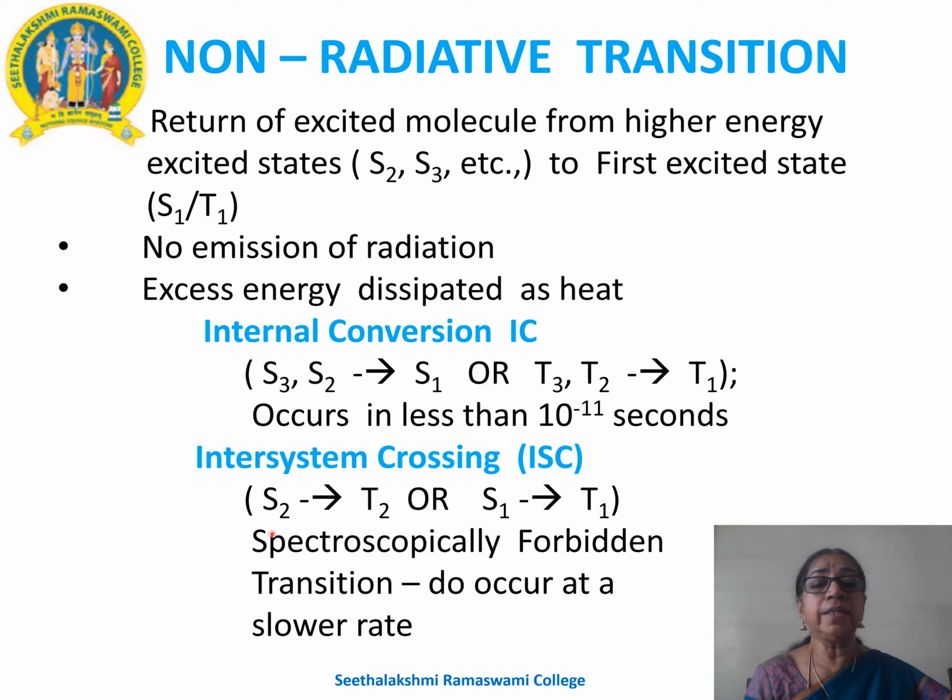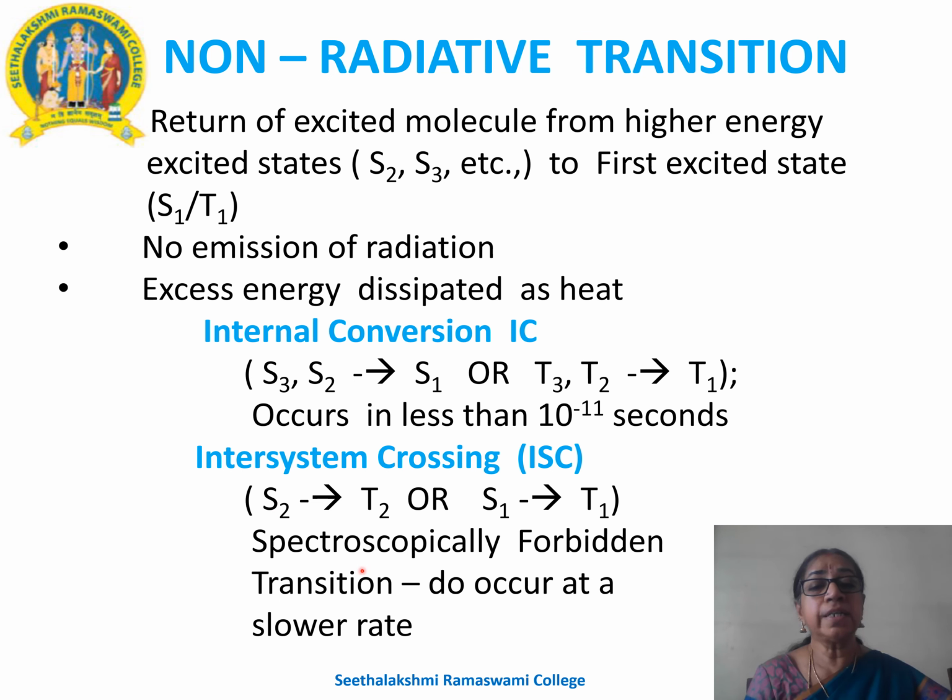In intersystem crossing, there is a possibility of transition between states of different multiplicity. That is, transition is possible from S to T, that is S2 to T2 or S1 to T1.